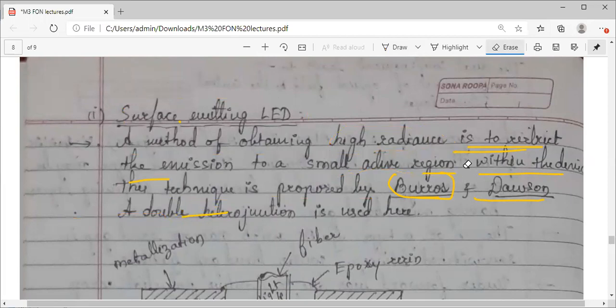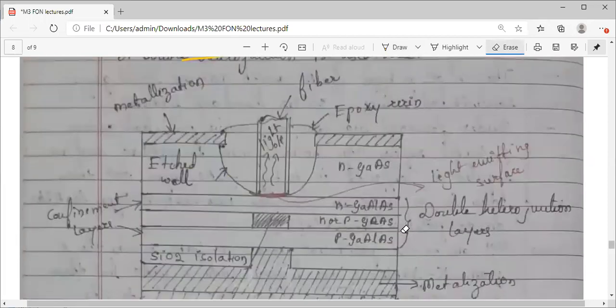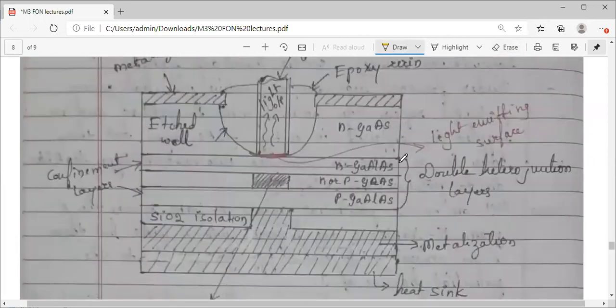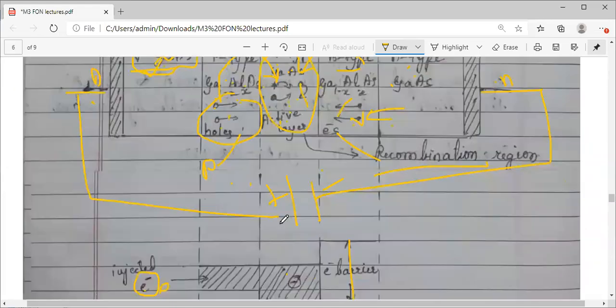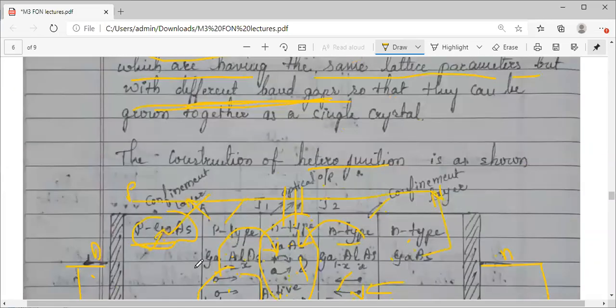Now, the structure of this, how it looks. Again we are using the heterostructure here. You can see you have these two confinement layers, and the one at the center is the active layer. Earlier, the structure I drew was horizontal: here p type, then alloy, then the confinement region, active region, one more confinement region, and n type.